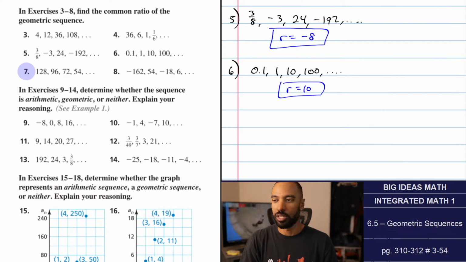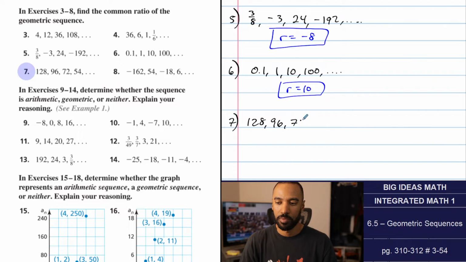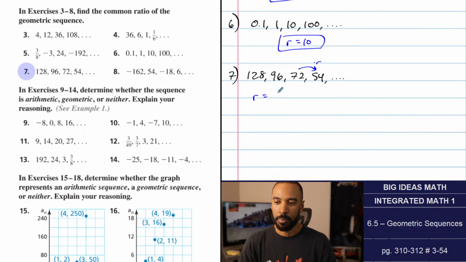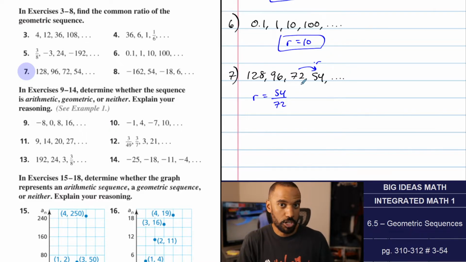This one is a little less easy, even from the easiest of numbers to look at, and I don't know which ones are easiest. Sometimes the smallest ones are easiest, which means let's just take the smallest 2 that we have right here. 72 times what number is 54? You would take 54 divided by 72 to figure that out. Now, this is a fraction reduction thing, right?